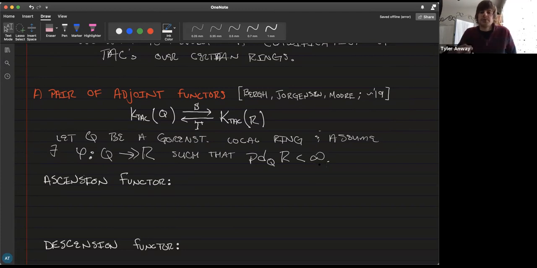What this is going to do is allow us to view R as a Q module. And in doing so, we can use this to define these functors.